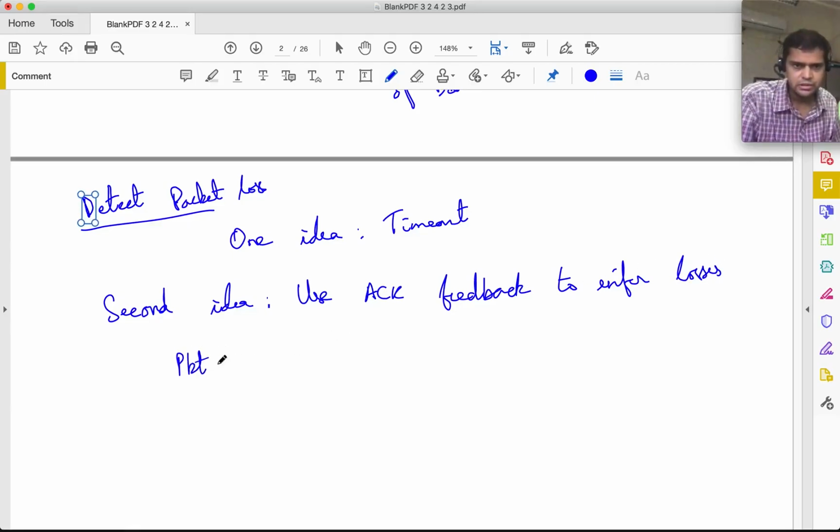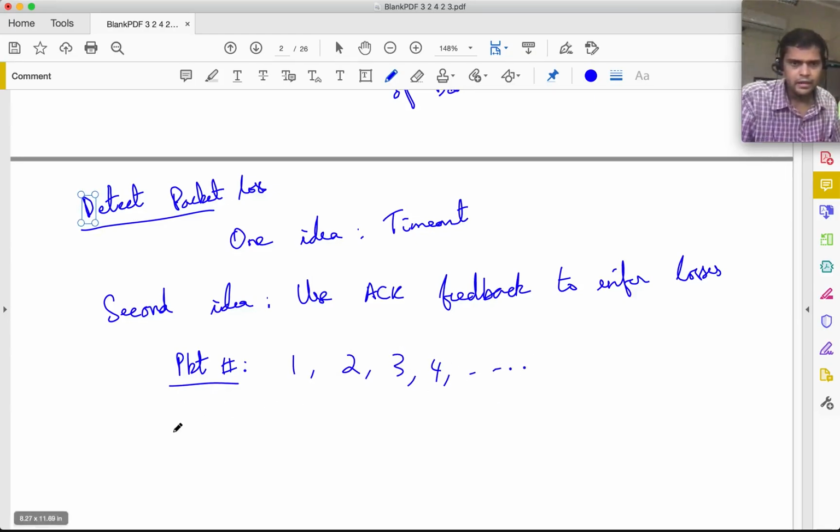Suppose this is a packet number, and let's say these are the packet numbers 3, 4 and so on, and I'm going to get back acknowledgements. Suppose these are ACKs.